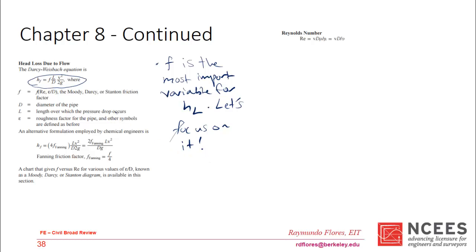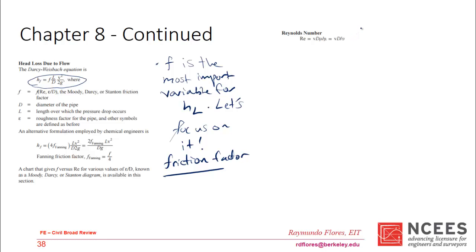So, although we can say everything else, this is called the friction factor, and it's the most important thing. And you'll agree pretty soon. First of all, let me review what the Reynolds number is.